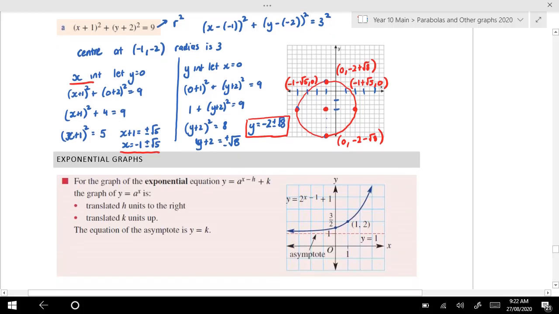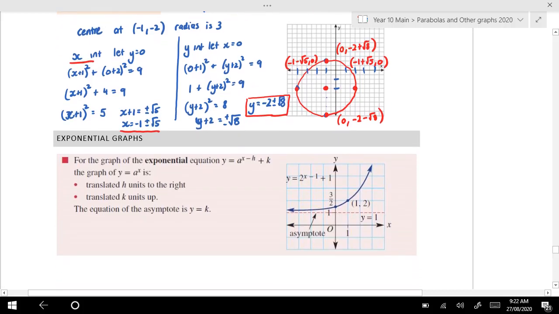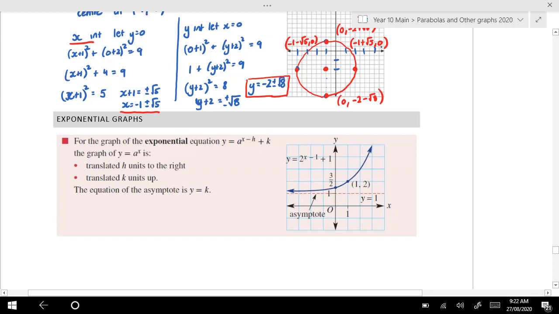All right, so now we're going to be looking at these other graphs. We're looking at exponentials in your transformation task. We're moving it left to right. Notice this H and K again. Here's my H, and here's my K. So we're translating H units to the right in this case.